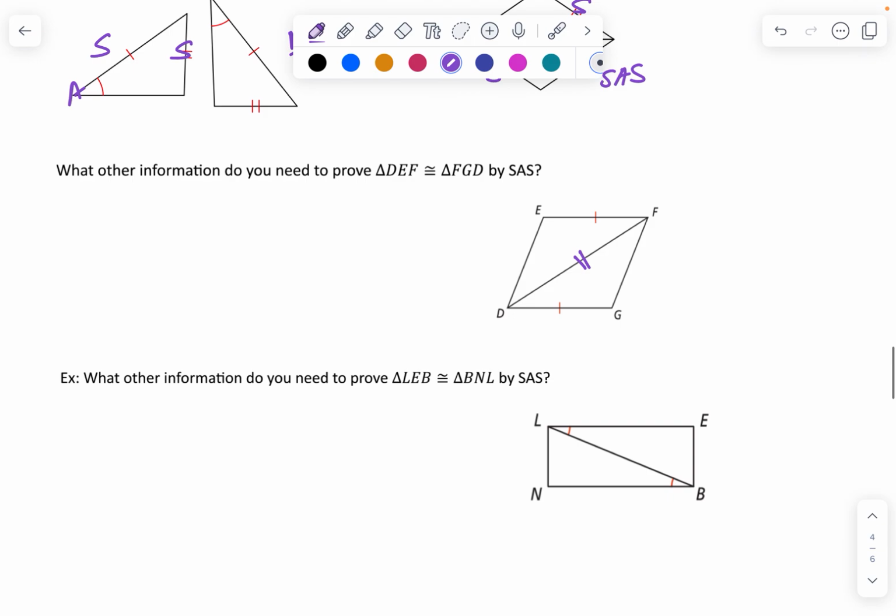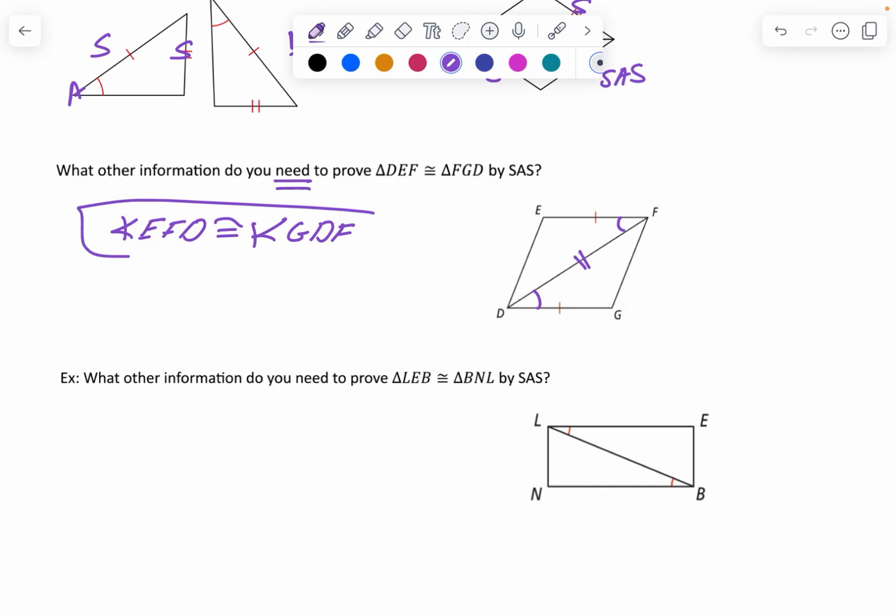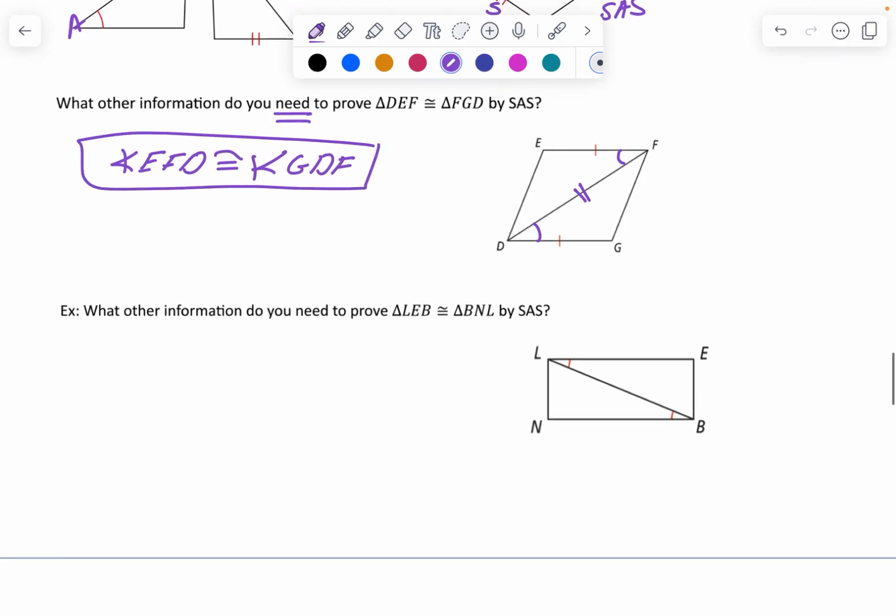What we need are these 2 angles, because that would give us side, angle, side, side, angle, side. So we need angle EFD congruent to angle GDF. That's what we need. The common side is already there on the diagram.